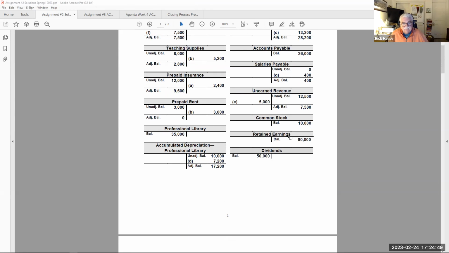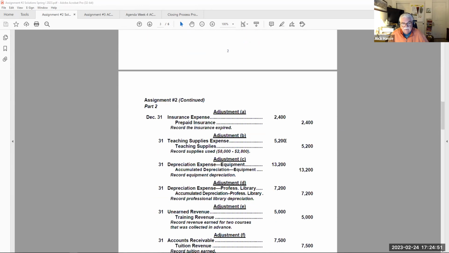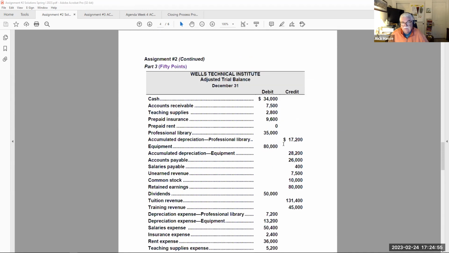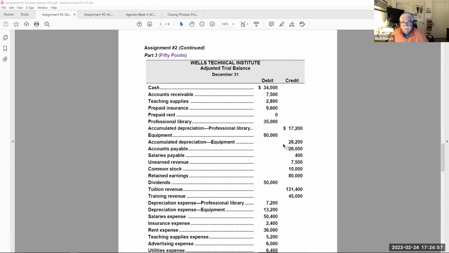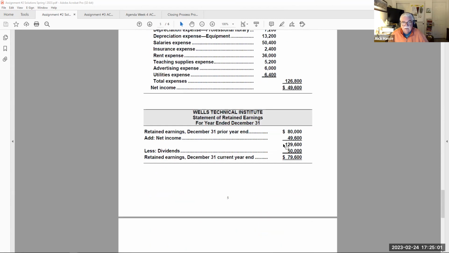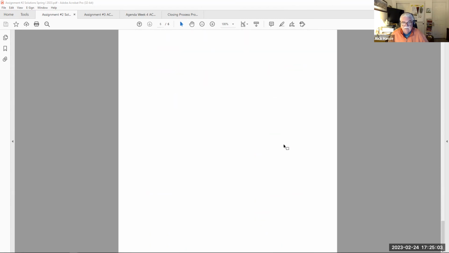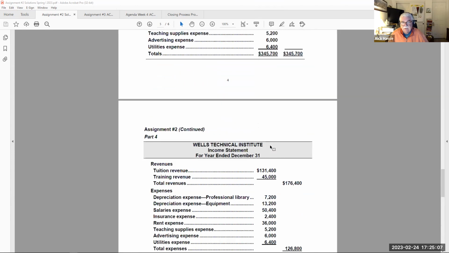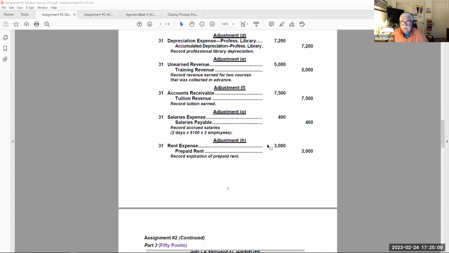And then once that is done, prepare the final trial balance of the company, and then take that trial balance and prepare the necessary income statement, statement of retained earnings, and the balance sheet of the company. And that's what I was looking for in our answers.